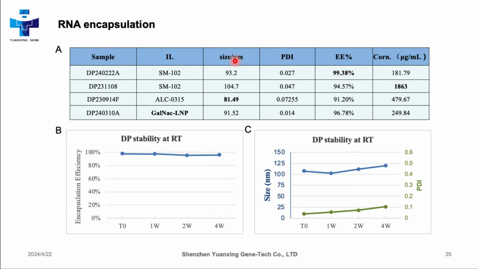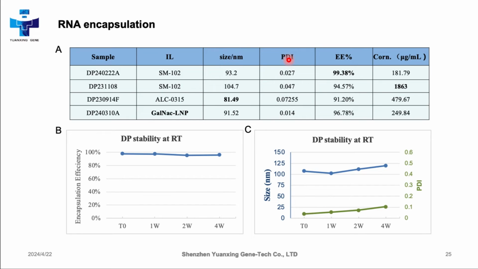The post-encapsulation particle size can be finely controlled to an average of about 100 nanometers, and can even be reduced to 80 nanometers, and the PDI remains below 0.1, indicating a highly uniform particle size distribution.